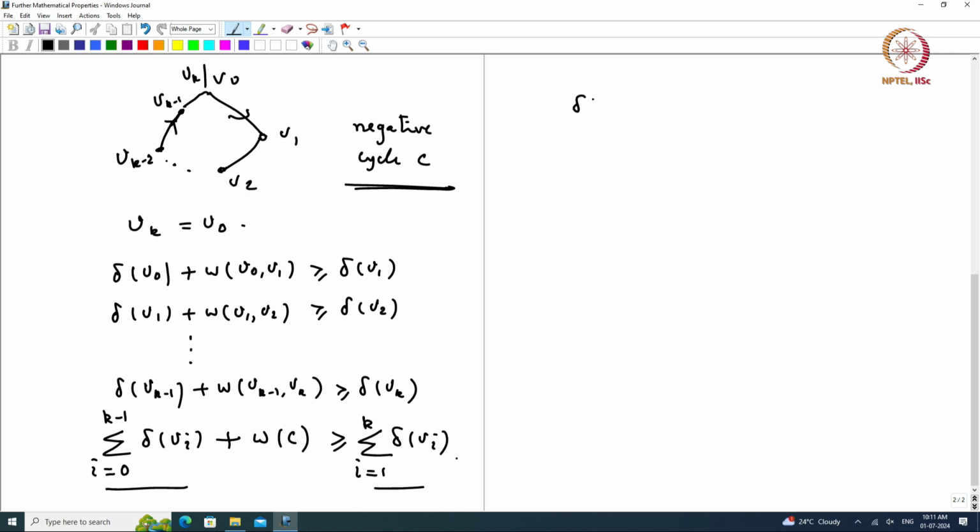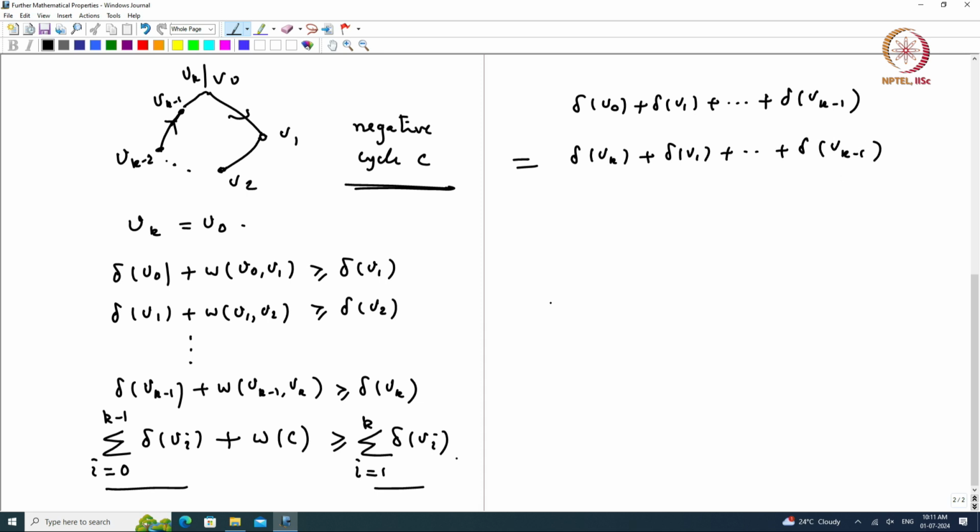Delta V 0 plus delta V 1 plus ... delta V k minus 1. V 0 is the same as V k, therefore this is delta V k plus delta V 1 plus ... delta V k minus 1.